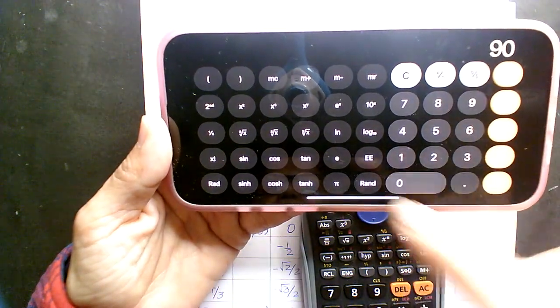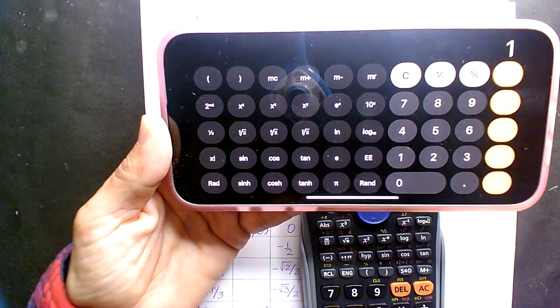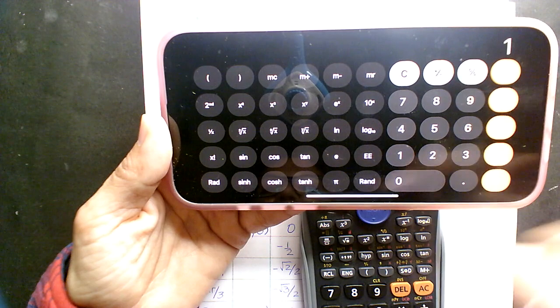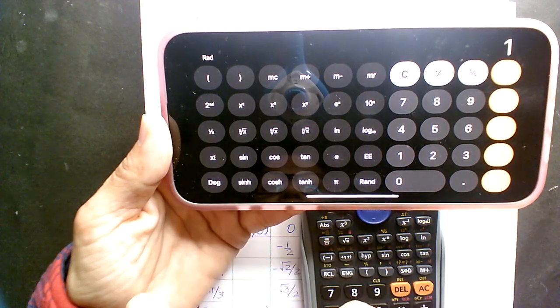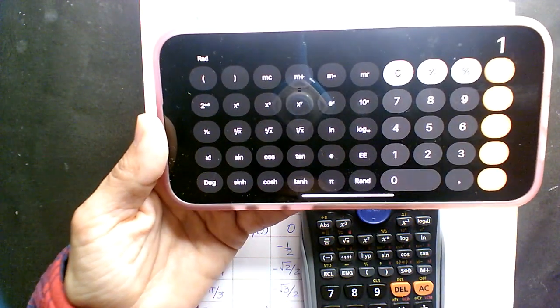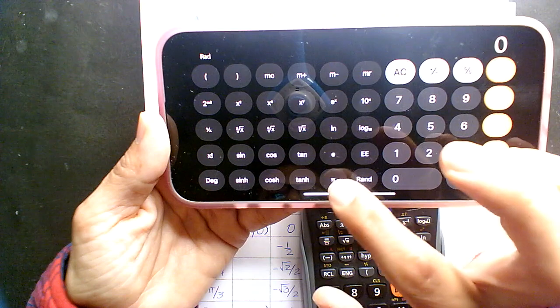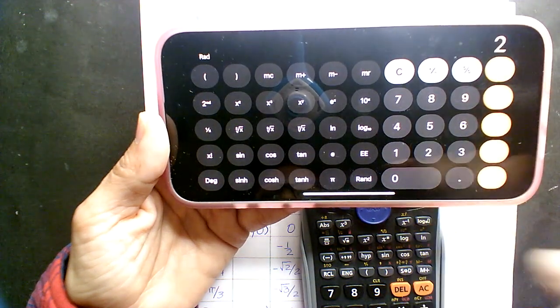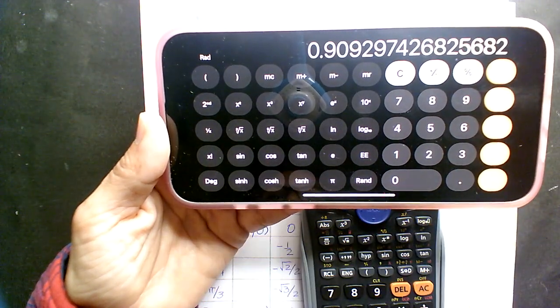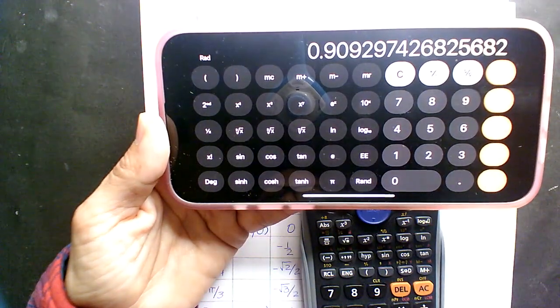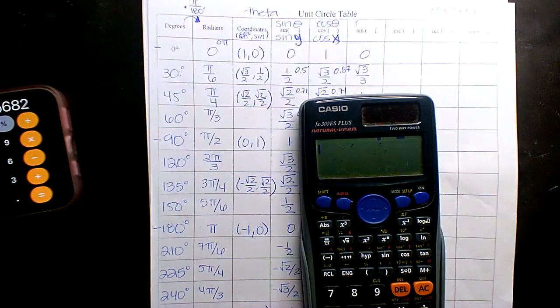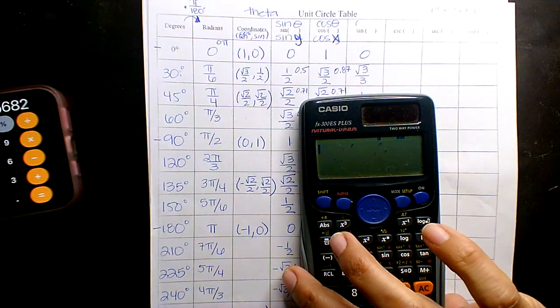If I want sine of 90, there's my 1. But if I want radian, where's the pi button? Okay, right here. So if I go pi divided by 2, sine, right, there's that.